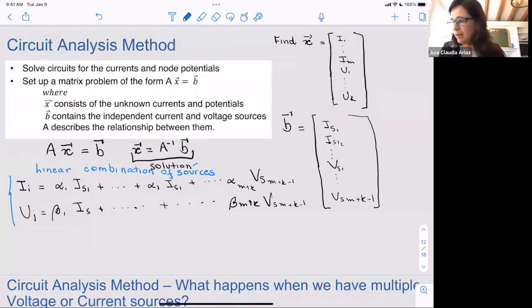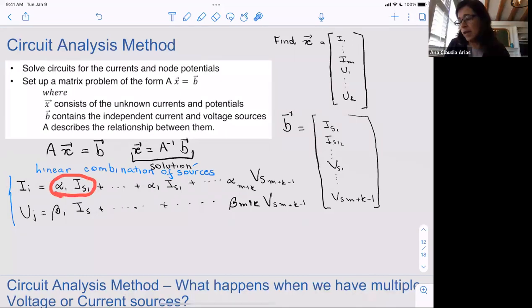Well, if I can express this as a linear combination of sources, that means that mathematically, let's say, if I want to find out how much I1 is, I can say, okay, I will first calculate a part of my circuit that has IS1, and I'll make all these other parts of the circuit equal 0.